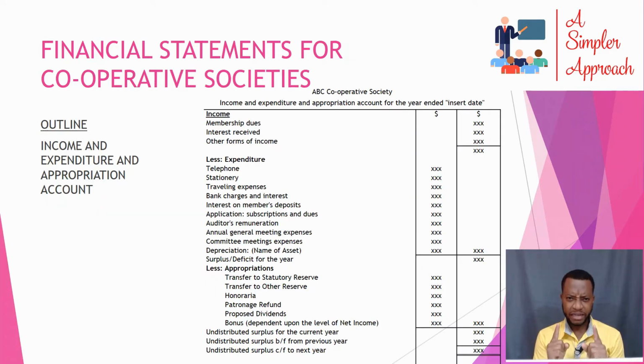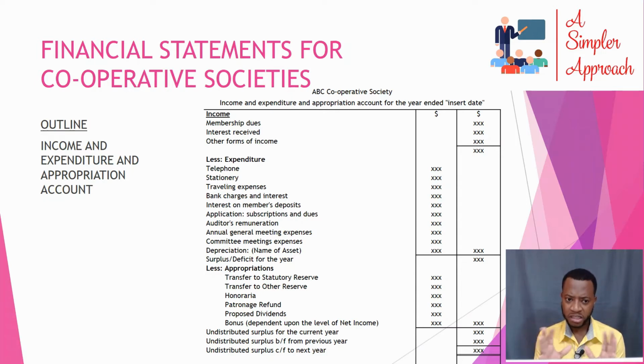Before we get to the example, in just a second, I think it is necessary to show you this. This is the full outline for the income and expenditure and appropriation account. Now, this is pretty simple because it outlines all forms of income, all forms of expenditure, and then it takes care of the appropriations. All right?